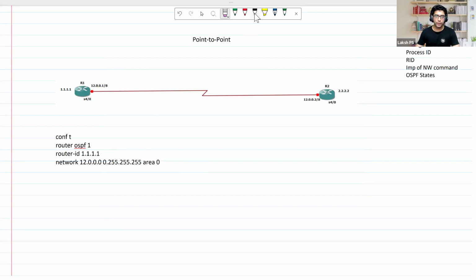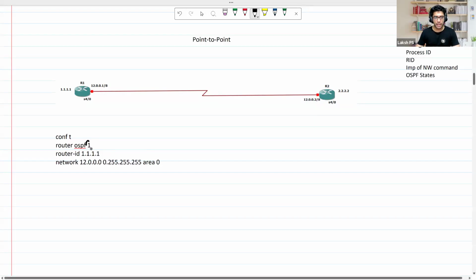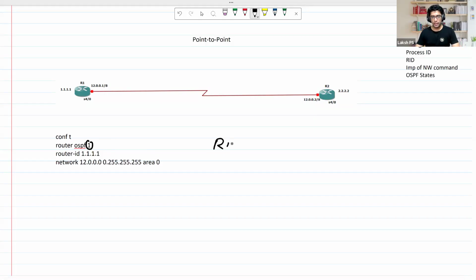So when you enable OSPF, you are saying that I'm running OSPF and you're manually mentioning to use the process ID 1. So in the router's RAM, there is a space dedicated for OSPF, which has a process of 1.